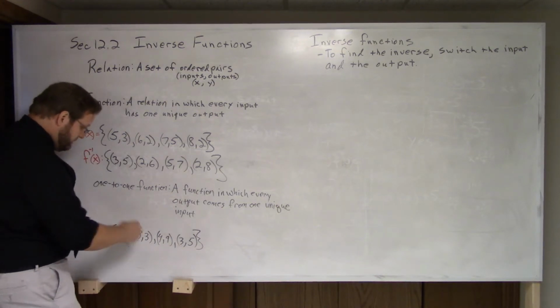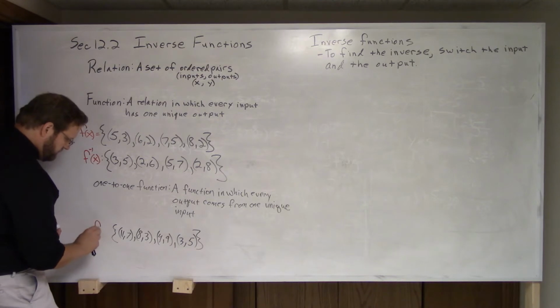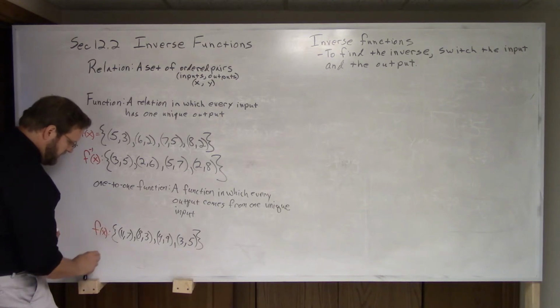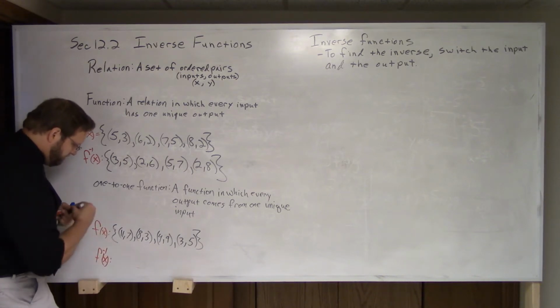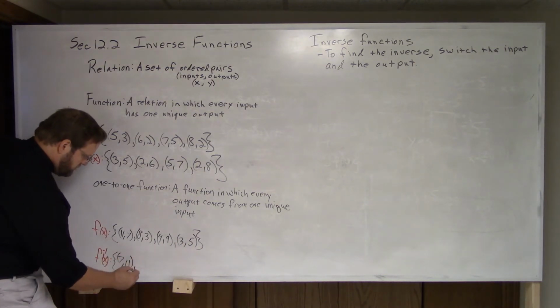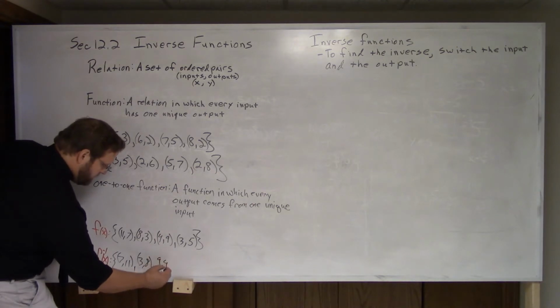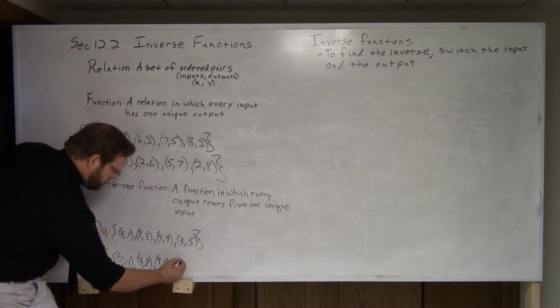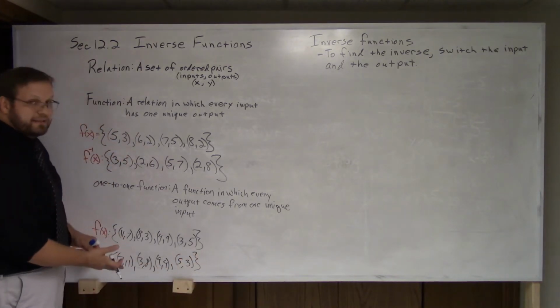Now, if I took a one-to-one function, and then I took the inverse of that one-to-one function, then what am I left with? 7, 11, 3, 8, 9, 4, 5, 3. Now I still have a function.